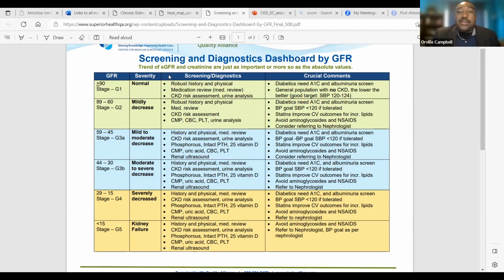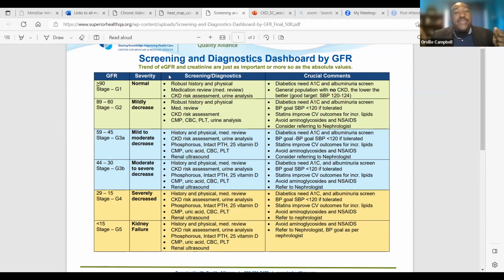And then diabetics need an A1C, and they need to be told what to avoid, but you can see it here on the crucial comments: refer to nephrologists. And that's just a quick way when people are passing through. If it's documented in the chart, you could just know what labs need to be drawn.